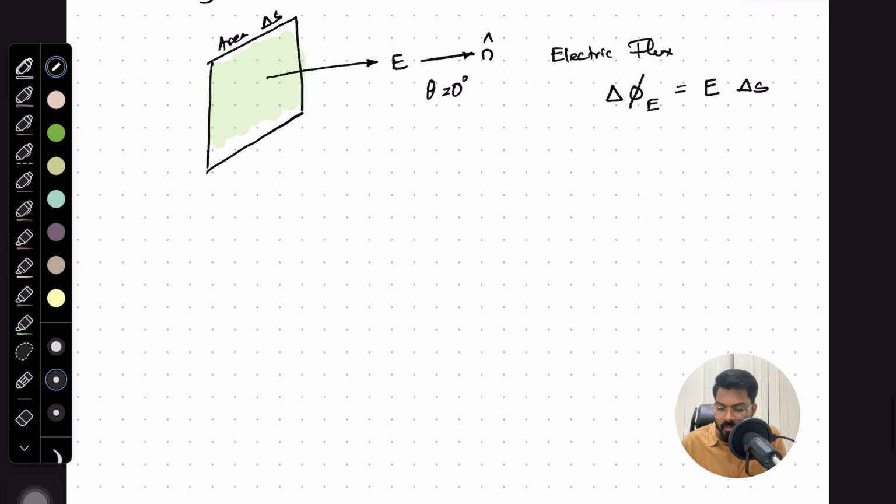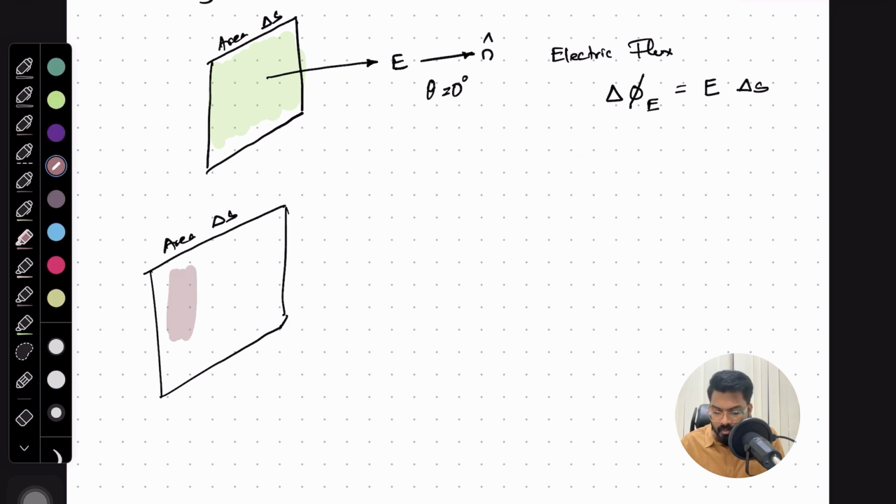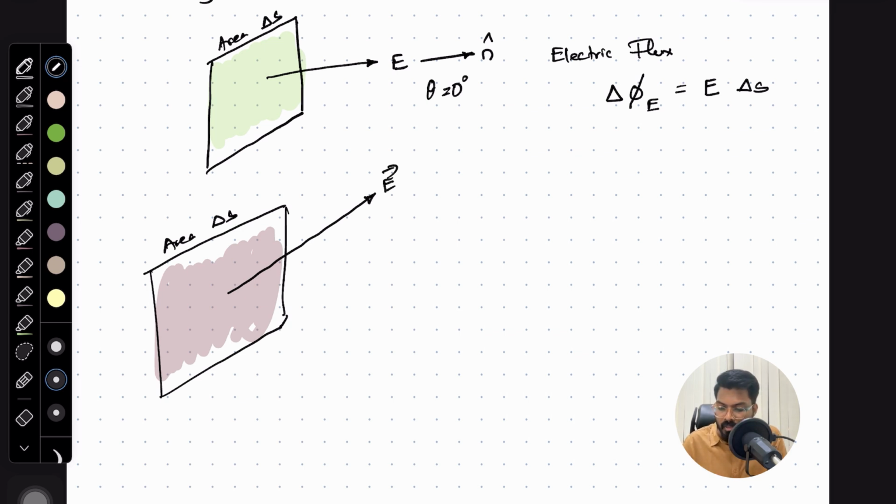Now what happens if, instead of the electric field and the normal vector being in the same direction, the electric field is in a different direction? So this is another planar surface, area is delta S. It is placed in an electric field acting in this direction, that is E cap. However, our normal vector is in this direction, n cap.